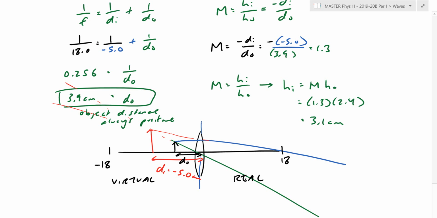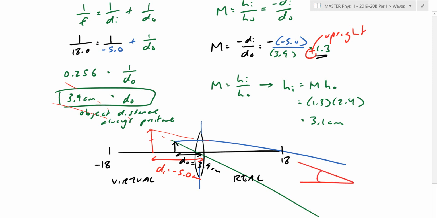Do is always positive, so that's going to be positive nonetheless, 3.9. And we end up seeing the magnification. The image is a virtual one because it's dotted lines. It's not real light rays doing that, but the image here is positive, meaning that it is upright. Positive means it actually stands tall, and the 1.3 is the scaling factor. We're now 30% taller than we were before.